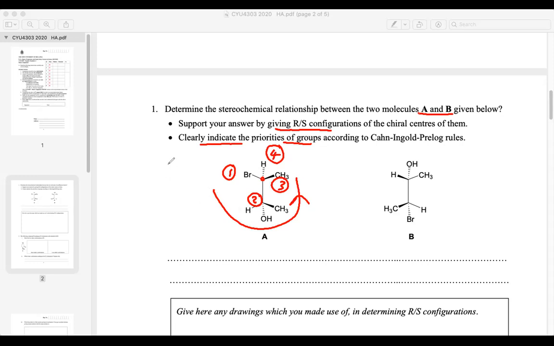So what is it? It is S configuration. We are not going to exchange these two groups because the fourth one is below the plane, so we just consider the way of the other three. So it's S. Likewise you have to consider and you have to clearly mention 1 2 3, so you must clearly mention the 1 2 3 as well.